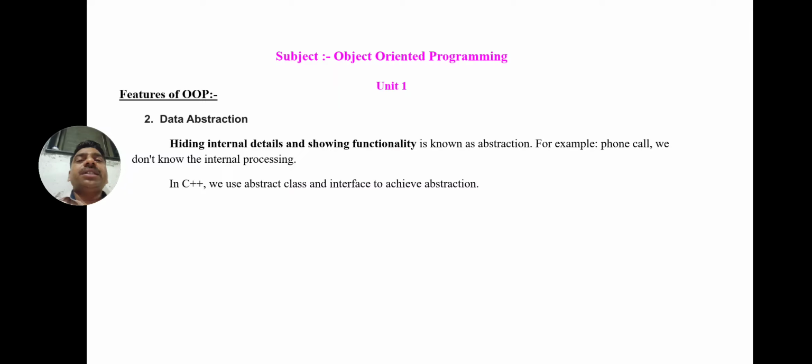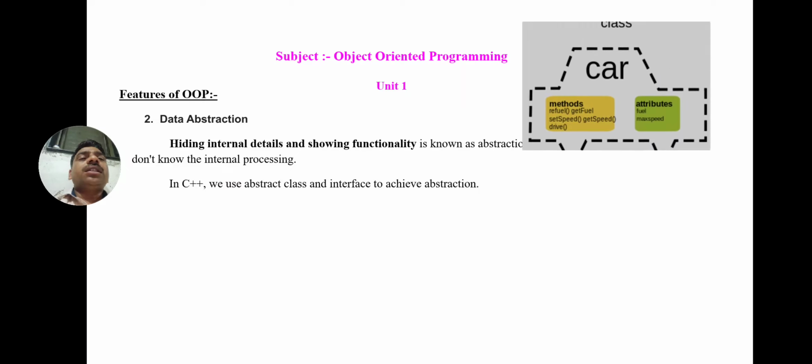Then second feature, data abstraction. This is a very interesting and very useful feature provided by C++ and OOP. Hiding internal details and showing the functionality is known as abstraction. For example, in a phone call, we don't know the internal processing. In C++, we use abstract classes and interfaces to achieve abstraction.